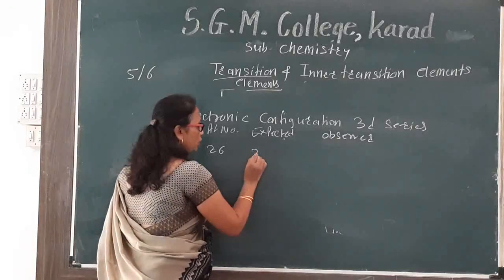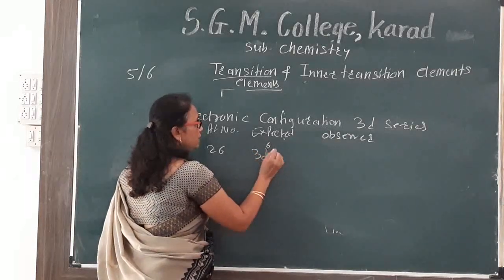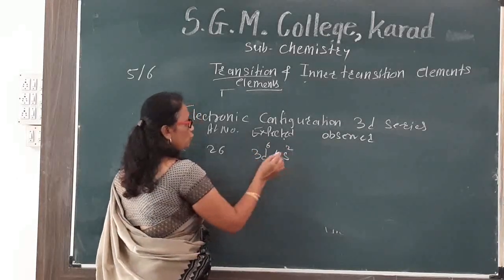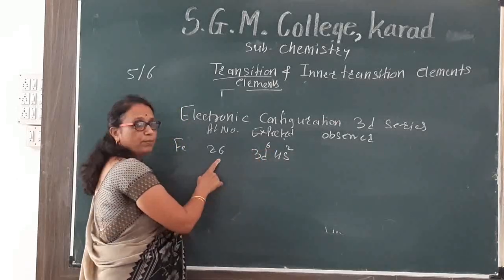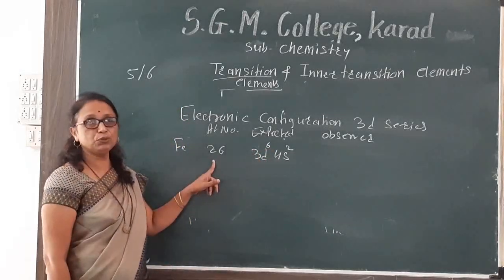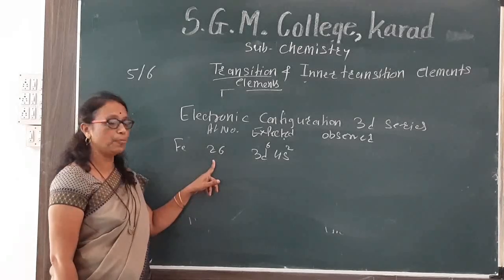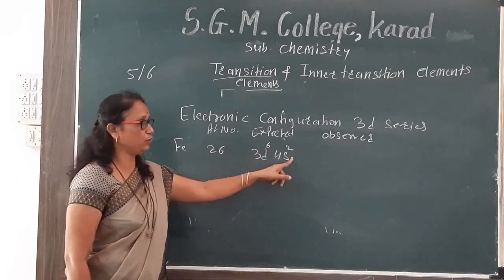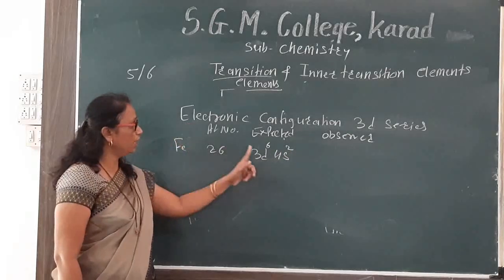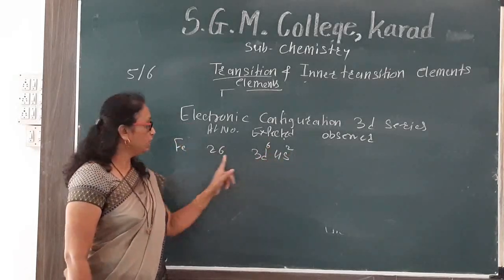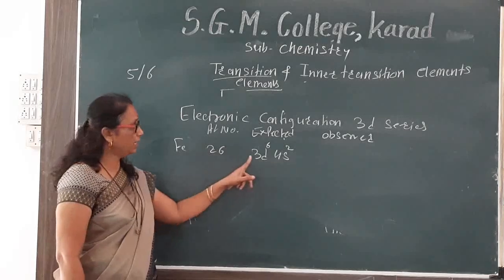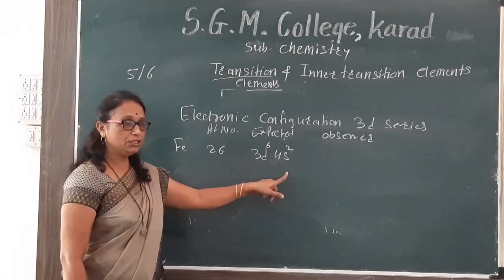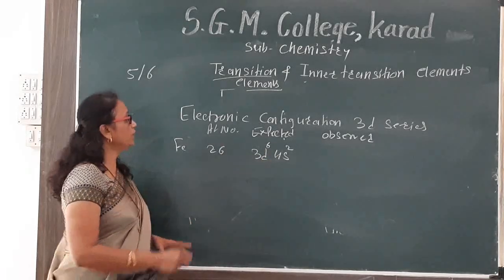The outer electronic configuration is 3d6 4s2, since 3d6 corresponds to atomic number 26. This is the trick to remember the electronic configuration. If atomic number is 21, here 3d1 4s2. Atomic number 22, here 3d2 4s2. Now atomic number 26, here 3d6 4s2. This is the trick to remember the configuration.